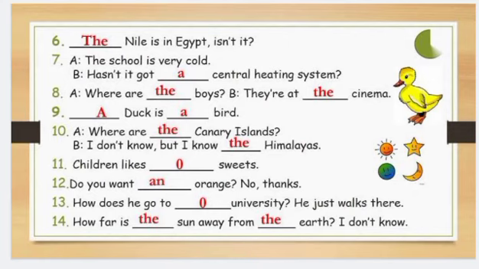So it is also an example for articles. Do you want an orange? "An" is used before the vowel sound. How far is the sun away from us? So, "the" is used as an article.